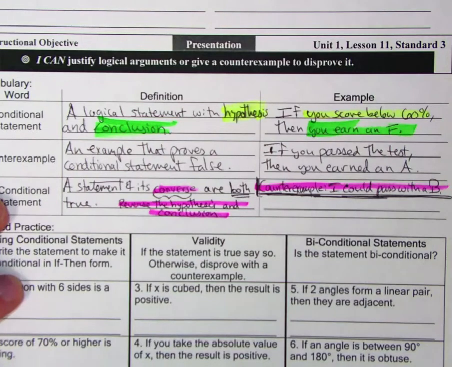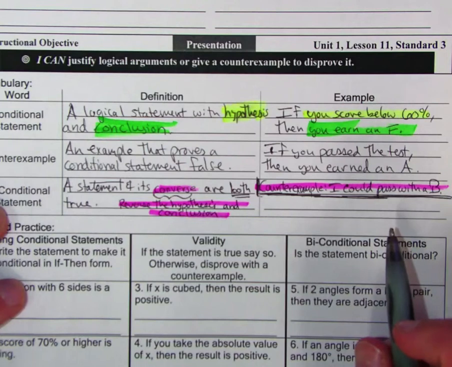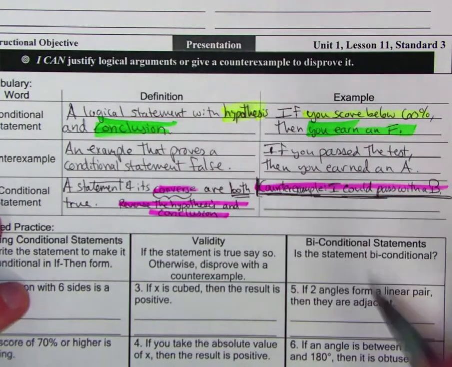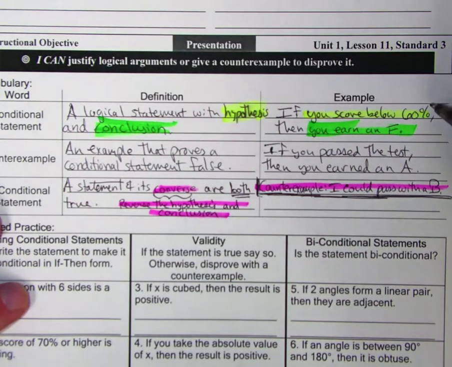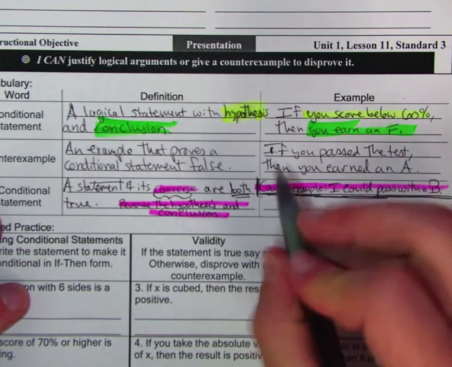Something that would be biconditional could be our first example again. So if you look at it this way, if you scored below a 60%, then you earned an F. Let's switch the green and the yellow, the conclusion and hypothesis. If you earned an F, then you scored below 60%. That is true.